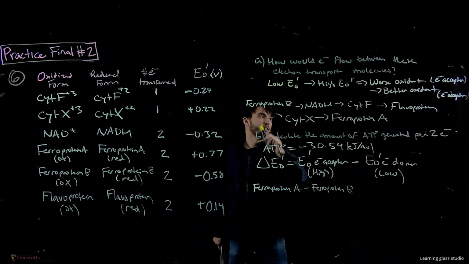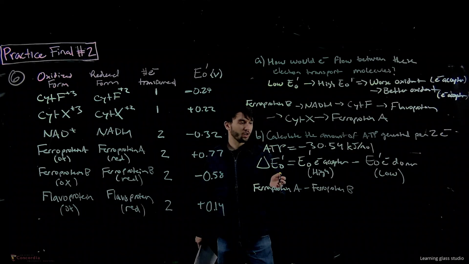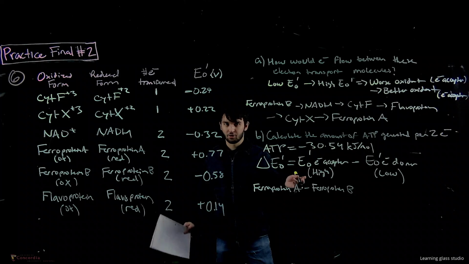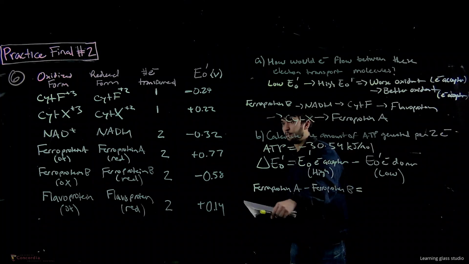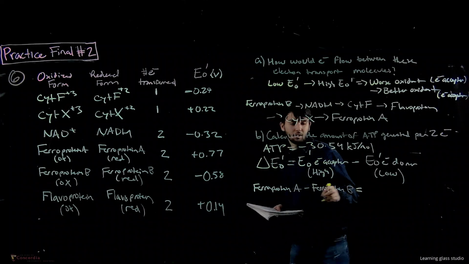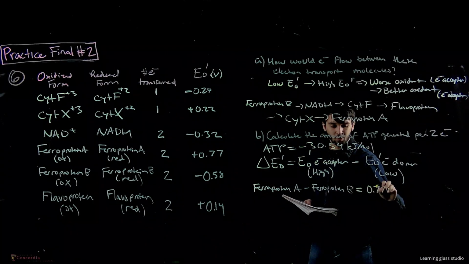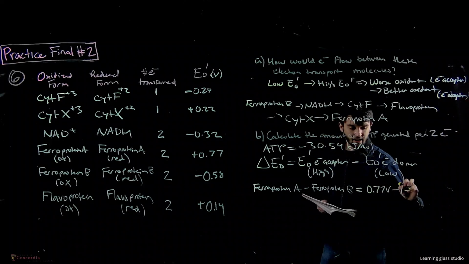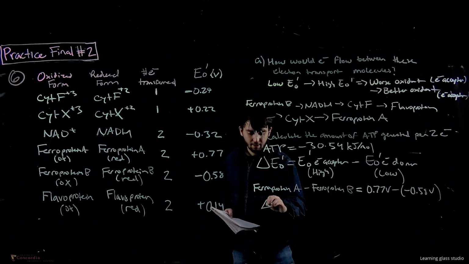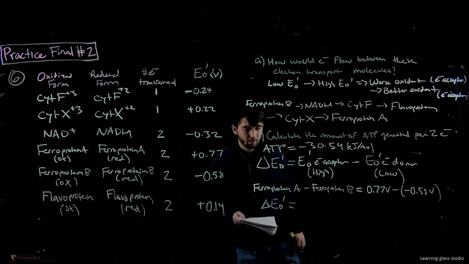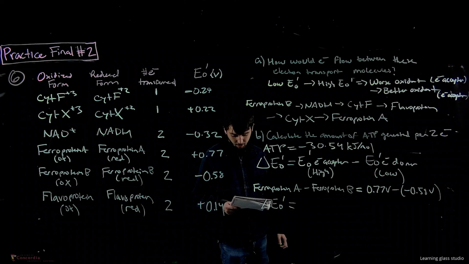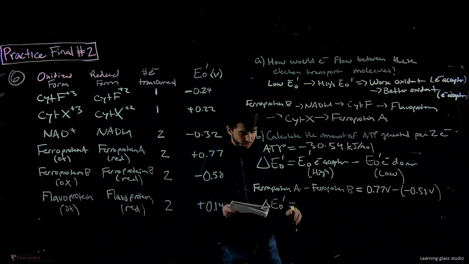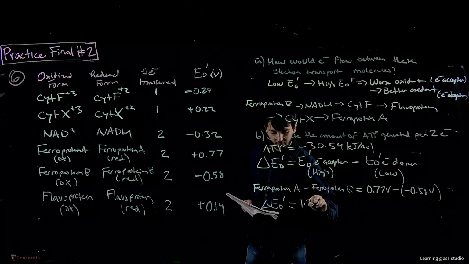Ferroprotein B is the worst oxidant, the worst electron acceptor, meaning it's the best electron donor. So we get 0.77 volts minus negative 0.58 volts. So we get delta E cell, the electric cell potential, equal to 1.35 volts.